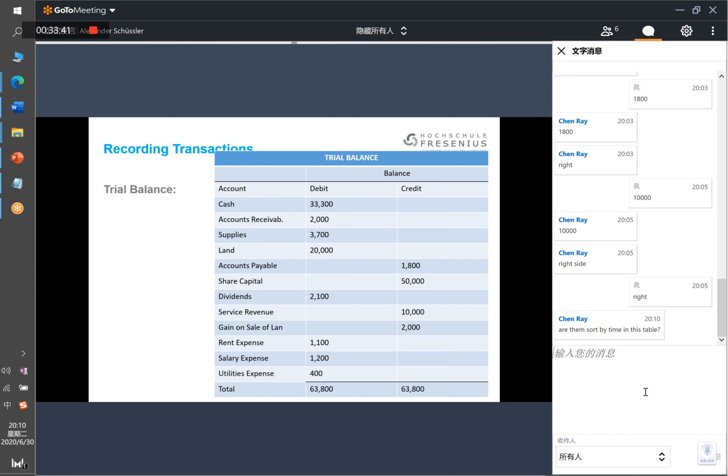No, they are not sorted by time. They do not have to be sorted this way. They can be sorted in a different manner. But generally, you should understand why those accounts have either a debit or a credit balance.